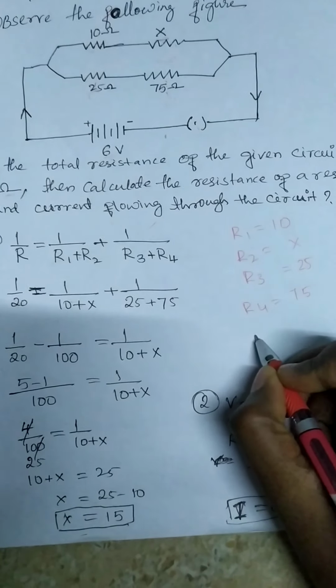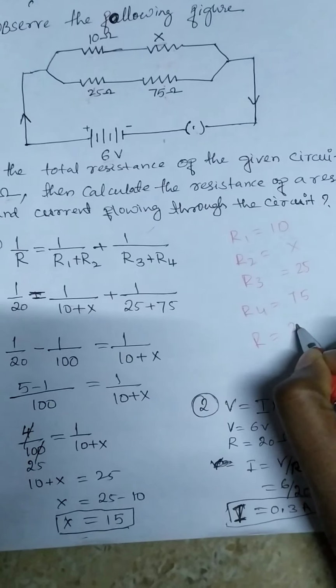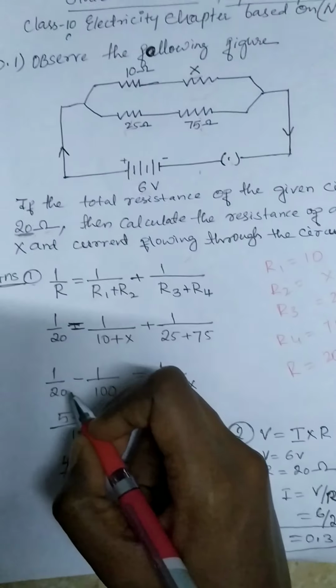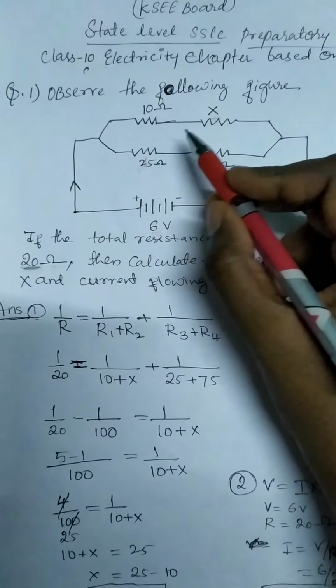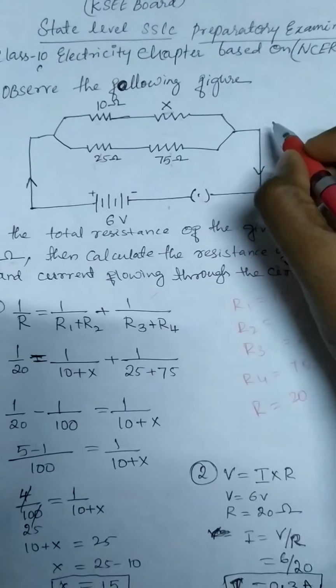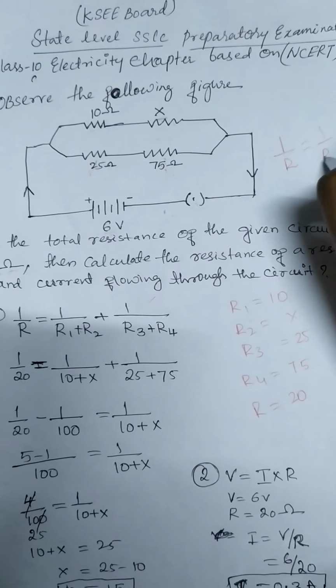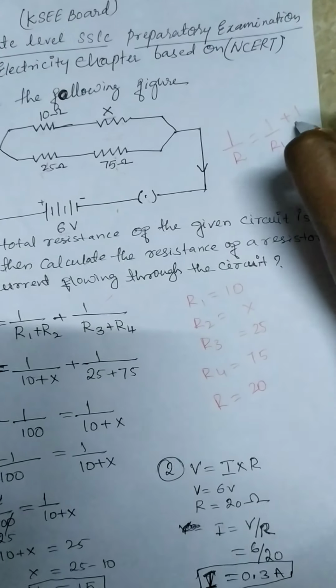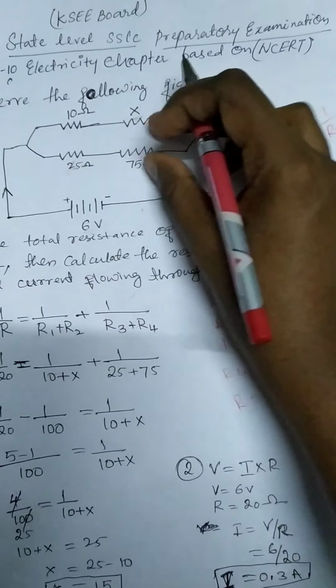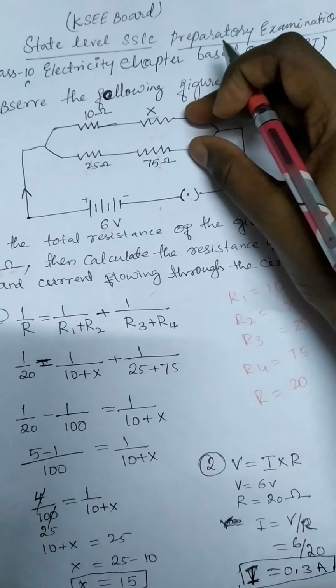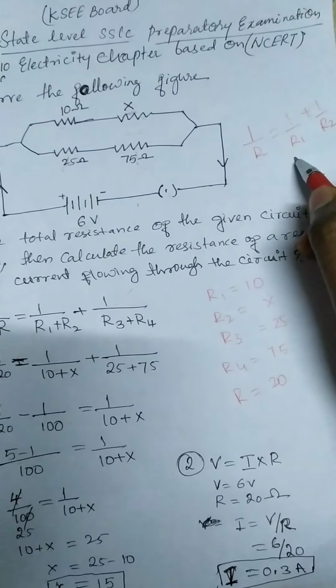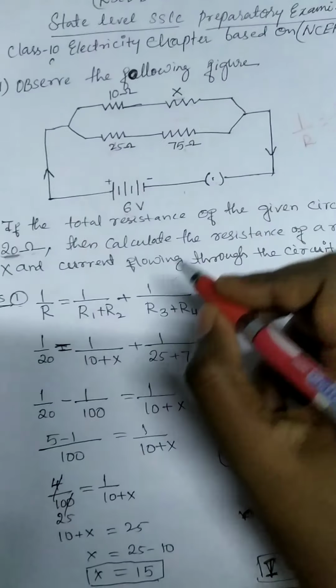And the total resistance R is equal to 20. We know that when resistors are connected in parallel, 1 by R equals 1 by R1 plus 1 by R2. And since these are in parallel, we need to apply this condition here.